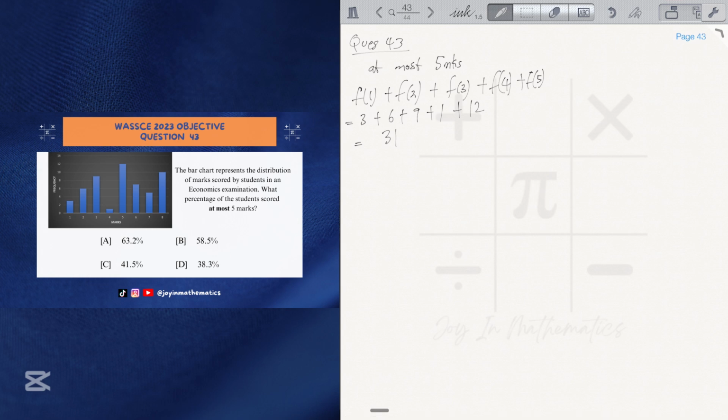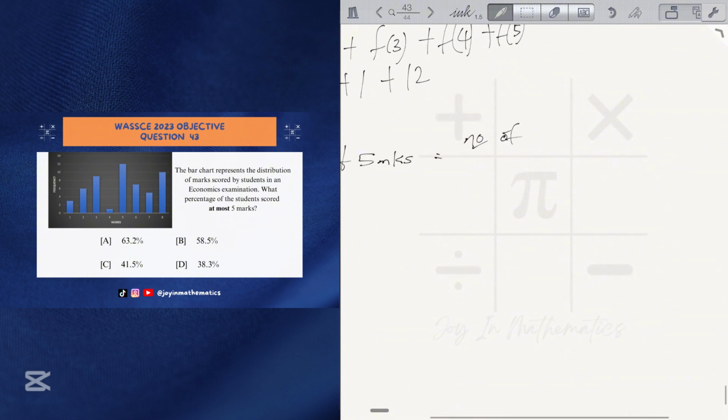So the percentage of students with at most 5 marks is equal to the number of students with at most 5 marks, divided by the total number of students, multiplied by 100%.